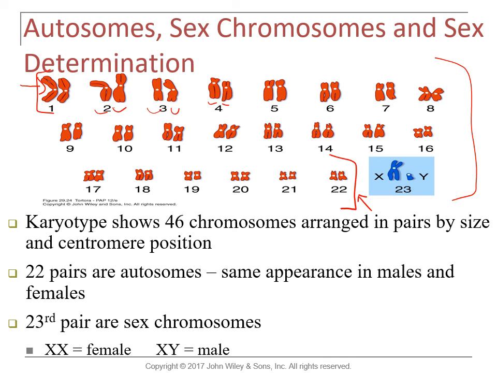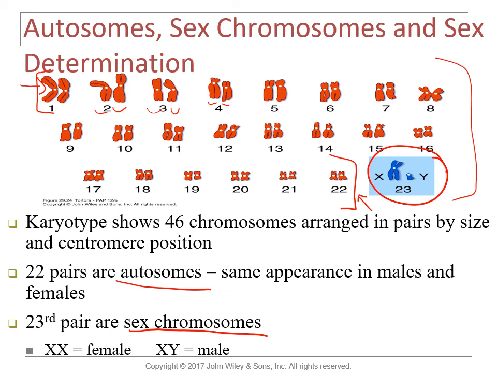So these 22 pairs, those are called autosomes, okay? And then the two members of the 23rd pair, okay, so this is the 23rd pair, those are the sex chromosomes, okay? Sex chromosomes. So they look different in males and females.